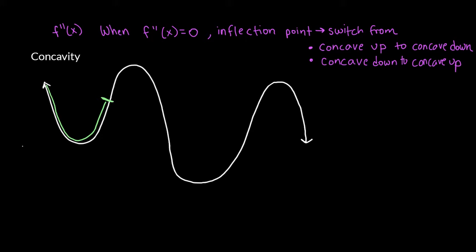At that point, the graph is going to become concave down until it switches concavity about right here. And then it's concave up again, opening up till about right here, and then it switches back to concave down.